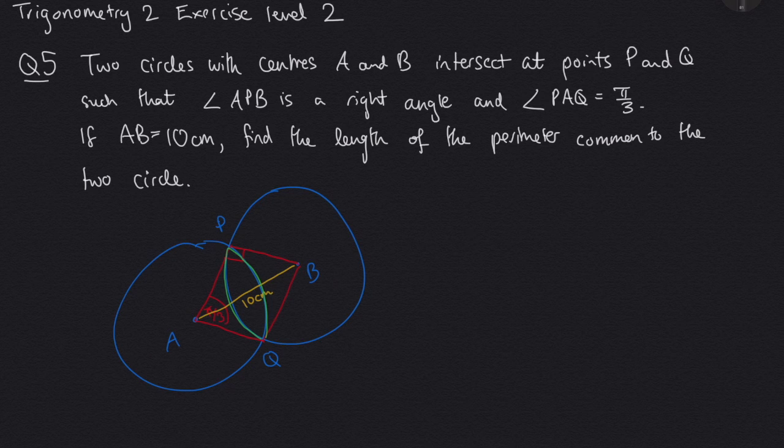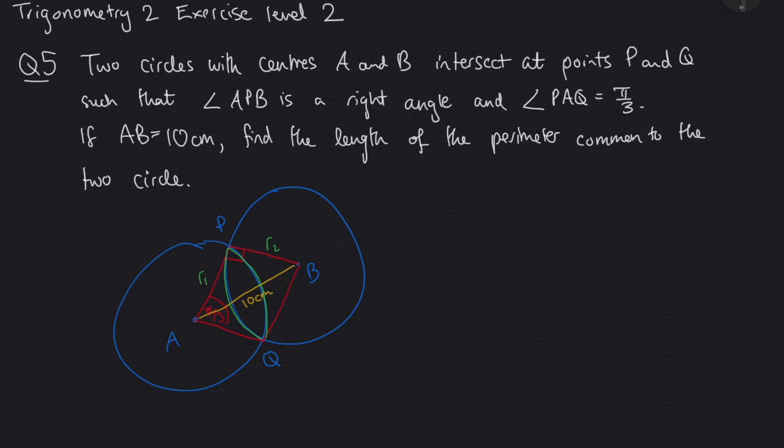Okay, so it would be useful if we could find the radiuses of each of these circles. So let me call the radius of the circle with centre B R2, and let me call the radius of the circle with centre A R1. And if we can find those two radiuses, we can make some progress towards finding the perimeter that we're after.